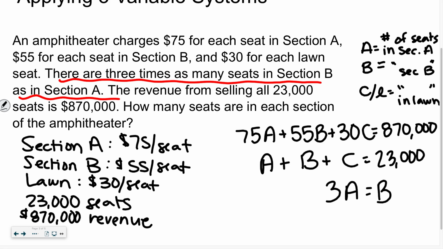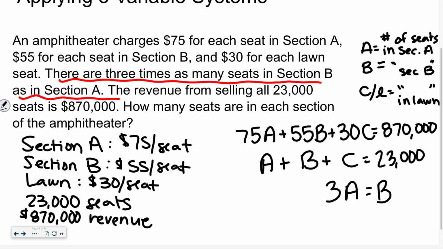B. When you read that, it sounds like section B is bigger. So then pick a number. I usually pick an easy number like 10. Pick a number and plug it in for one of your variables. I'm going to plug 10 in for A because then I just multiply it by 3. If there's 10 seats in A, then there are 30 seats in B. Does that sound like B has more seats? Yeah, so I wrote it correctly.